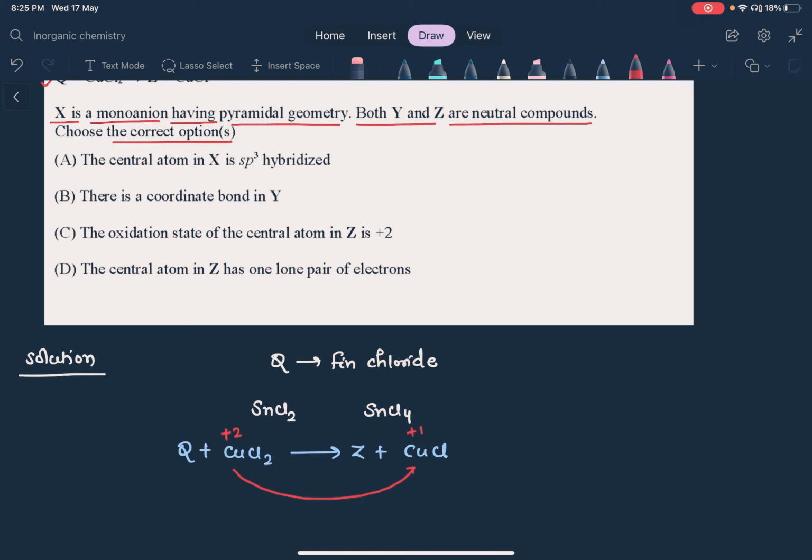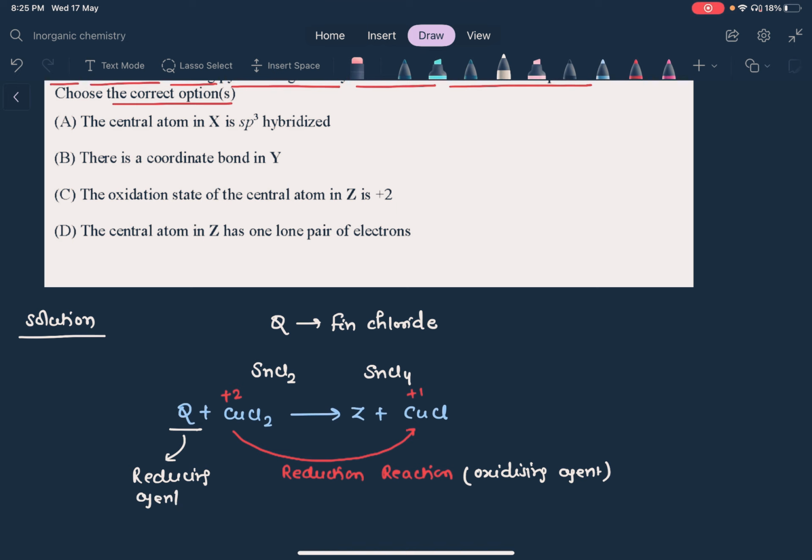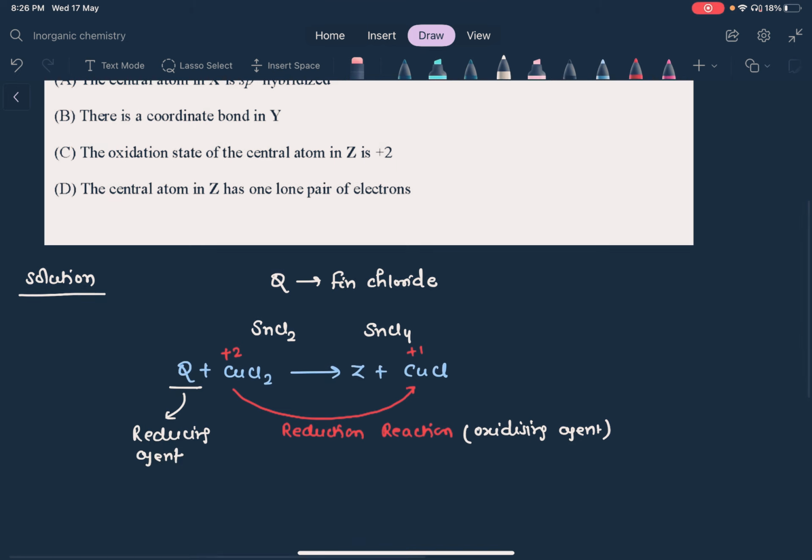So this is a reduction reaction, and since it is a reduction reaction, we can say that CuCl2 is acting like an oxidizing agent. That means Q should be a reducing agent. And which tin chloride will be a reducing agent in nature?